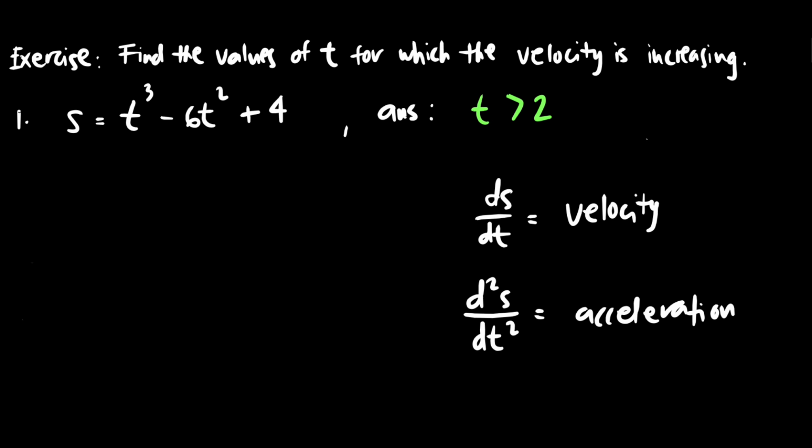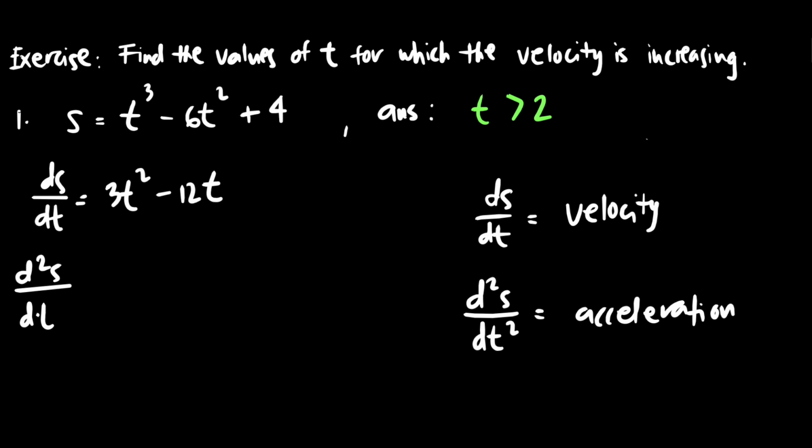We first find ds over dt, so we have 3t squared minus 12t. The second derivative is just equal to 6t minus 12. So this is the velocity and this is the acceleration.